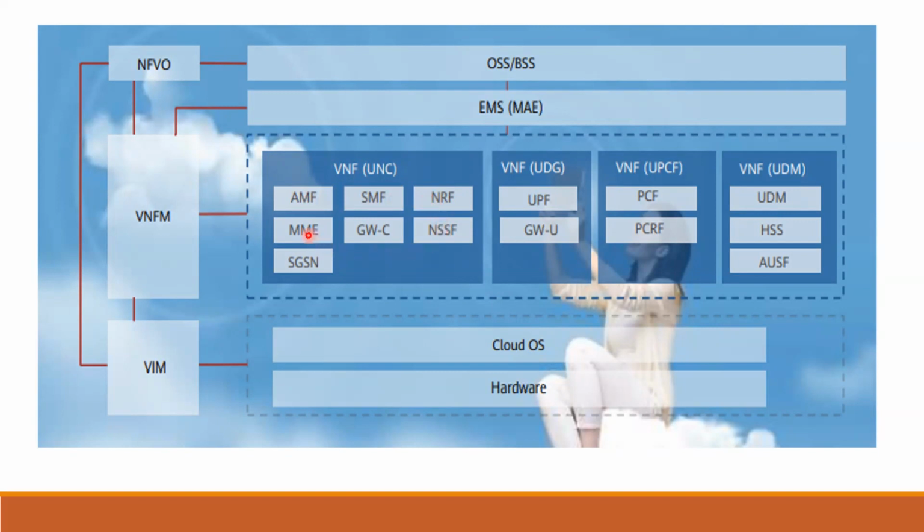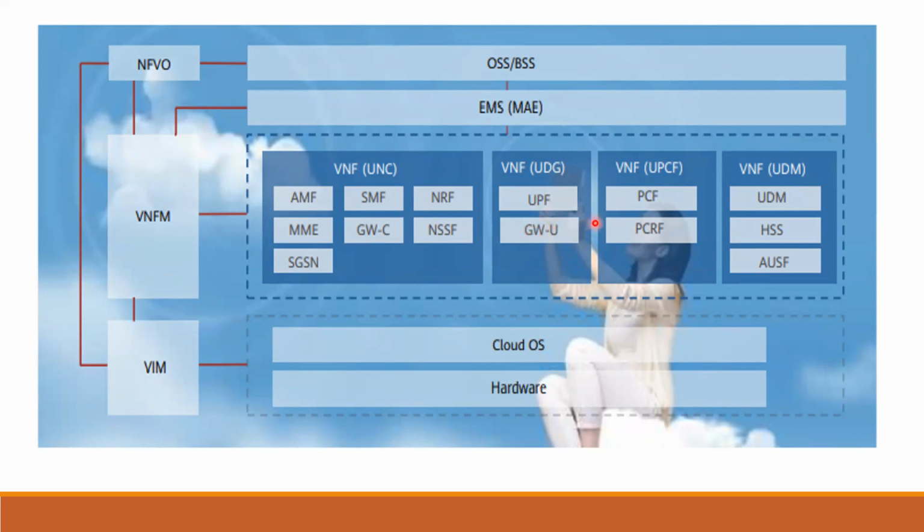The 4G components are MME and SGWC, and the 3G, 2G component is SDSM. Similarly, the second VNF is UDG. In 5G, it consists of UPF. For 4G and below, it consists of PGWU.